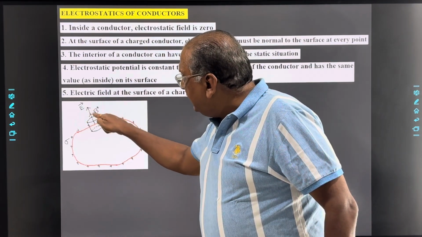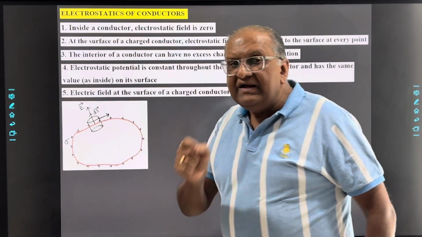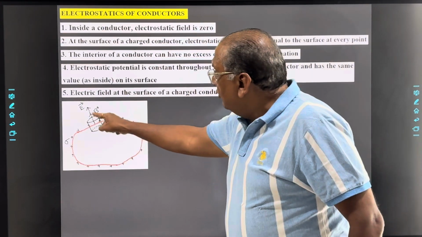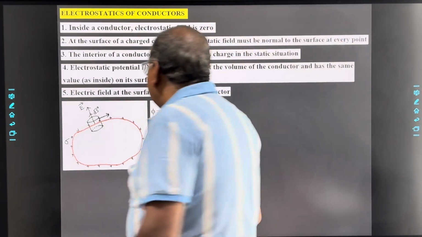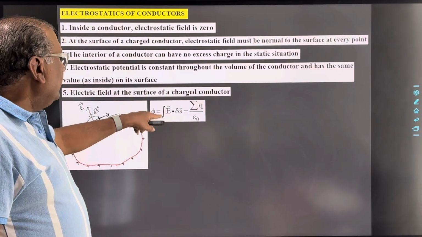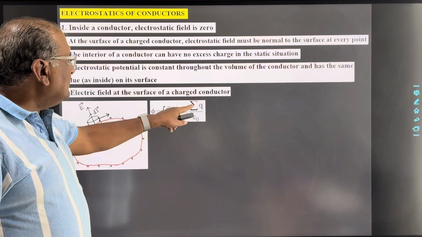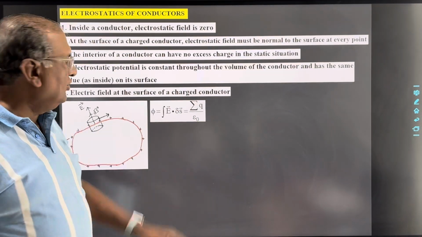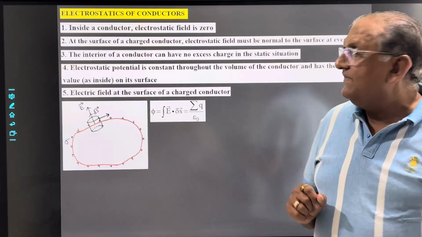Here the electric field and the infinitesimally small area vector are both parallel to each other. So the flux passing through this Gaussian surface, E dot delta S, is as per Gauss's law, sigma q upon epsilon 0, where sigma q is the net charge enclosed by the surface.